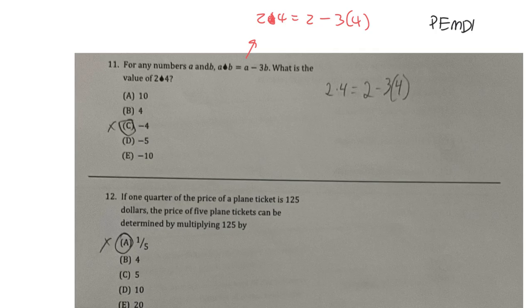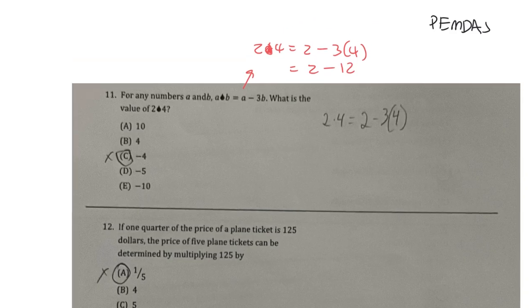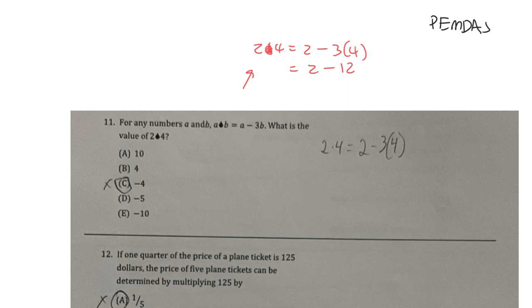So what that means is we should be applying multiplication before we apply addition. So this should become 2 minus 12, and that's going to be negative 10.